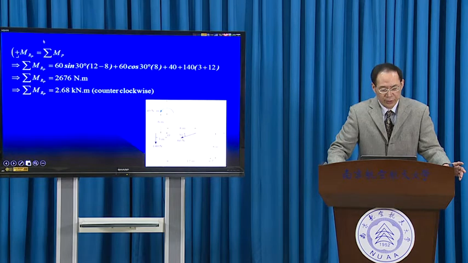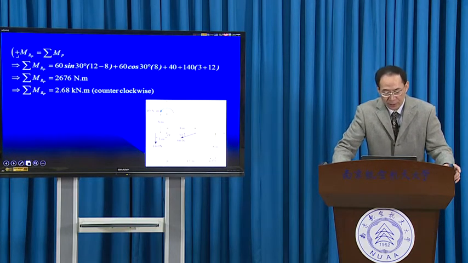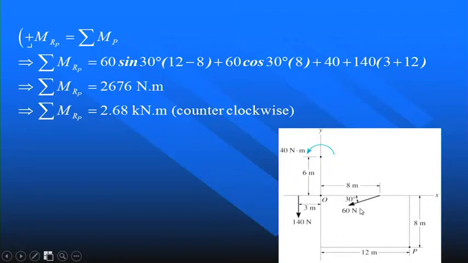So we can use the scalar summation of moments of all the forces about point P. In calculating the moment of the force with 60 Newton, we used the analytical method.